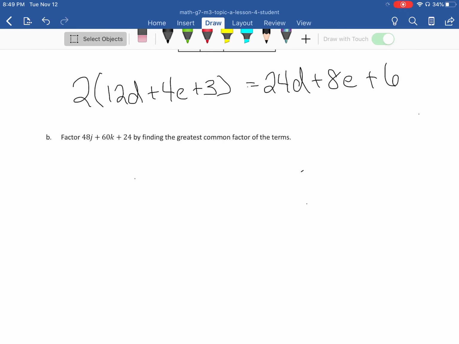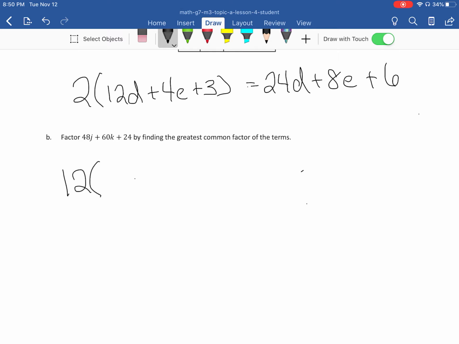Next one, factor out 48j plus 60k plus 24 by finding the greatest common factor of these terms. So first, let's find the greatest common factor. What did you find? The greatest common factor would be 12.